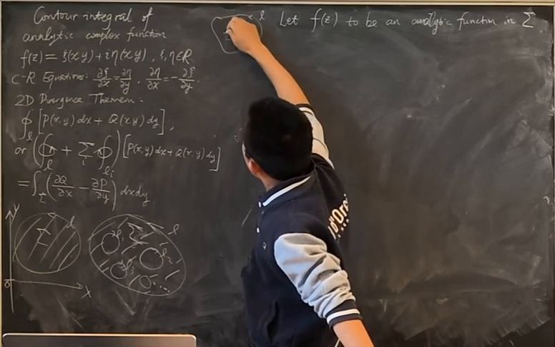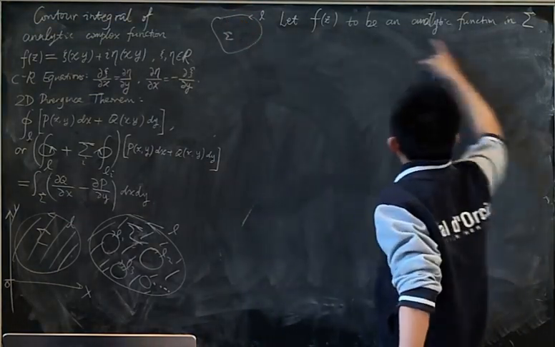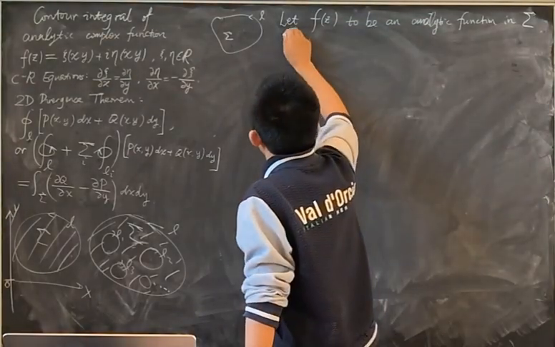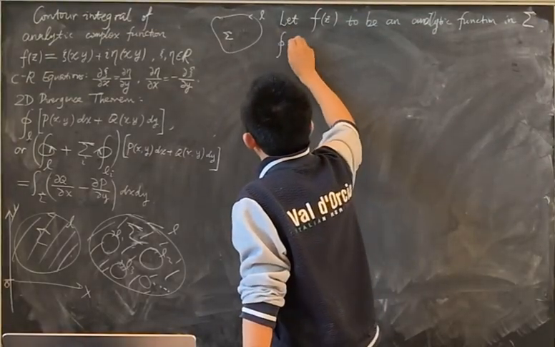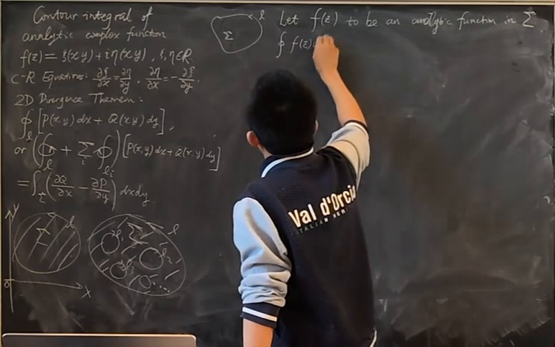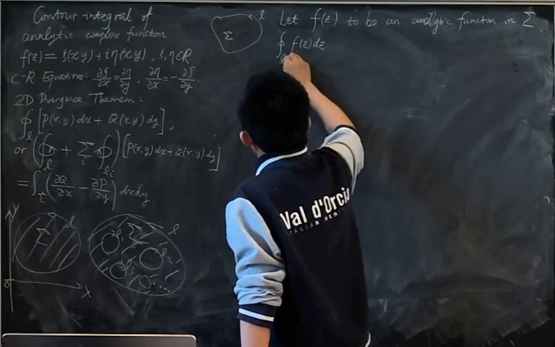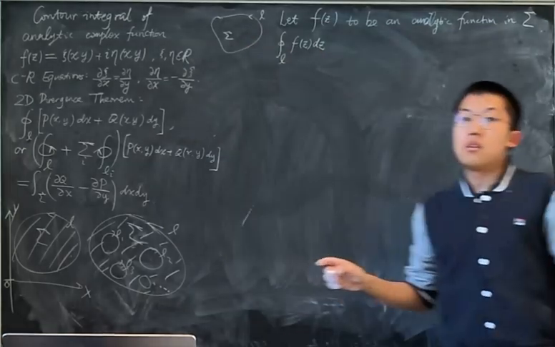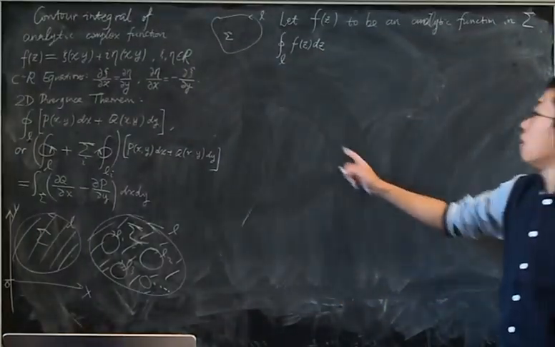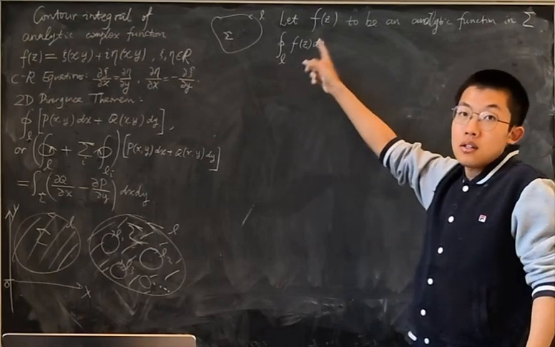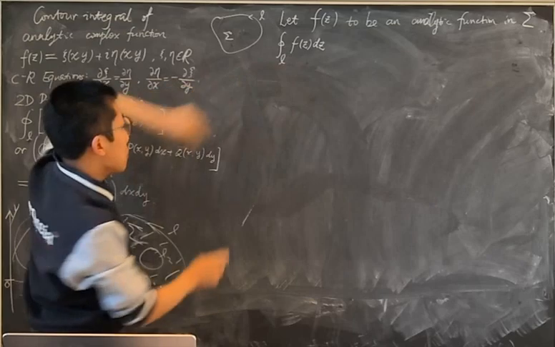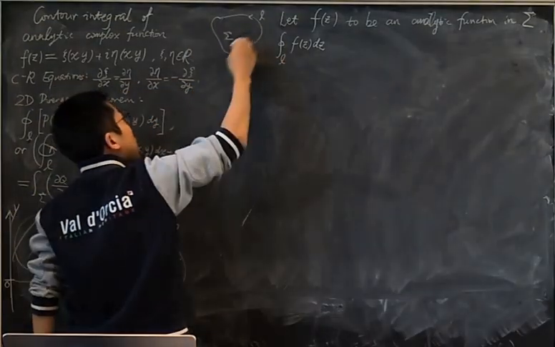Okay. So in this case, consider this integral. We do the integral in the direction of L. For the definition of this integral, I evaluate the function value of f(z) along this loop.